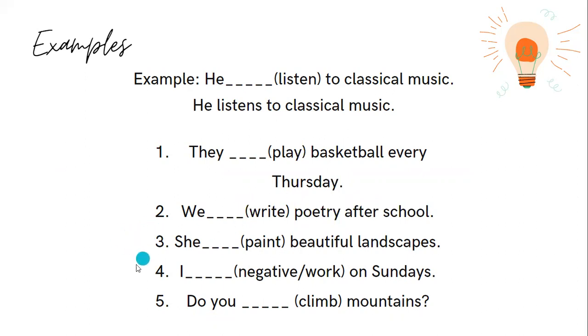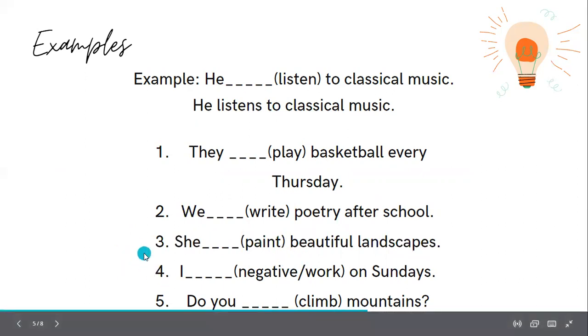And then number three, she, notice here the subject, she paints beautiful landscapes, okay, paints with an S. And then number four, we're going to use here the negative form. So I don't or do not work on Sundays, okay? And finally, number five, do you climb mountains?